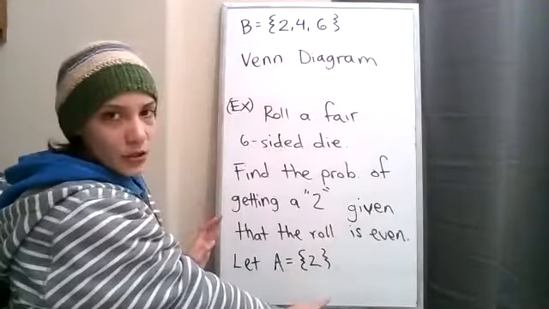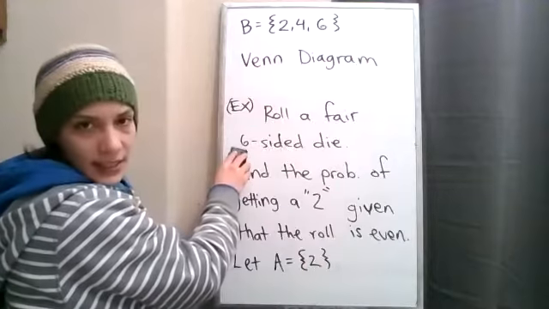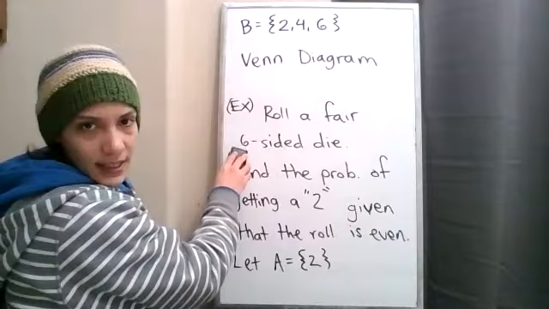I would like to draw the Venn diagram. So we have a 6-sided die. The space S has the numbers 1 through 6.